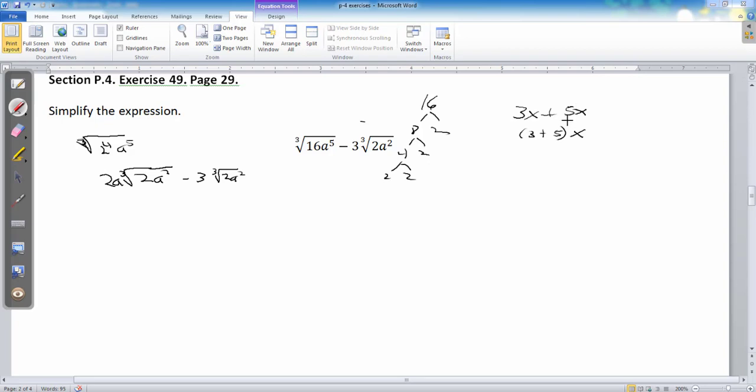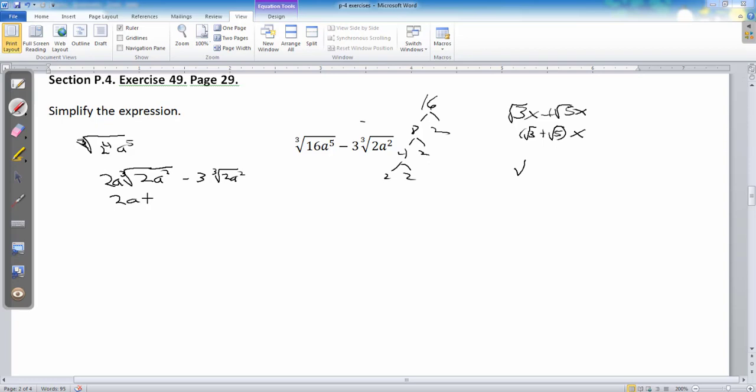And that's a nice thing to be able to do because that means you can still solve for x even if you have something like the square root of 3 plus the square root of 5. Because then you can still factor out the x and then divide by that parentheses to solve for x. Well, they want you to do that first step of factoring out the common root.